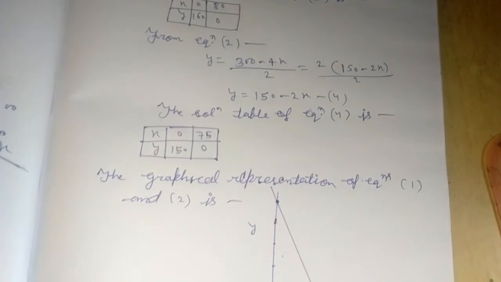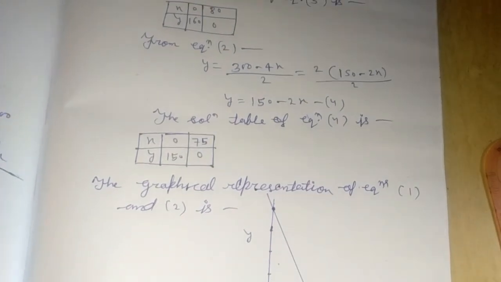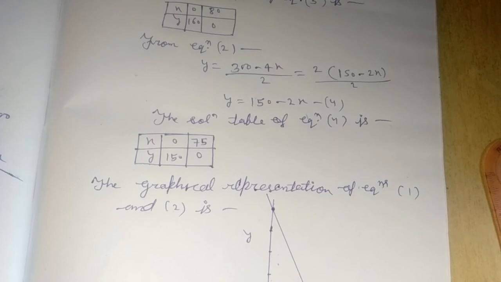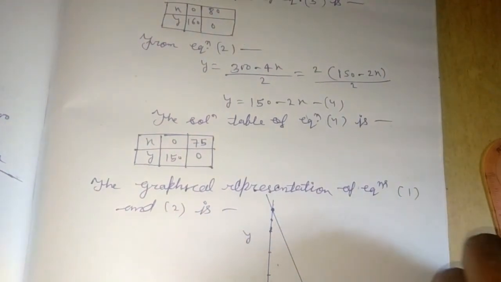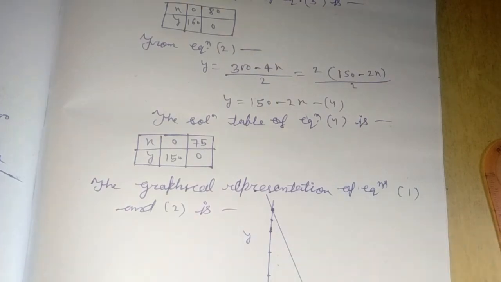Again, for the second line, we take x equal to 0, y equal to 150. So it will be this point. When x is equal to 75, we get y equal to 0, between 70 and 80.